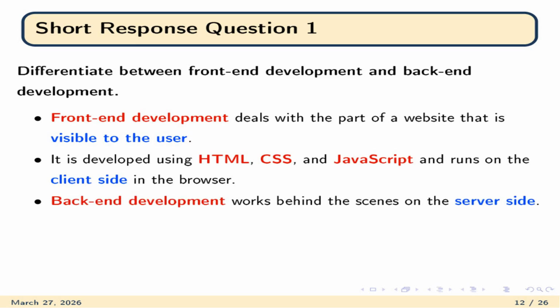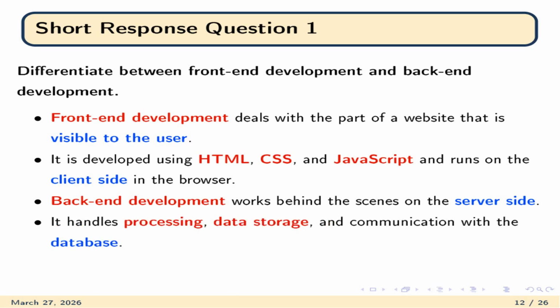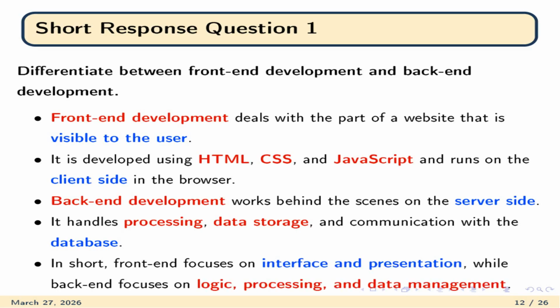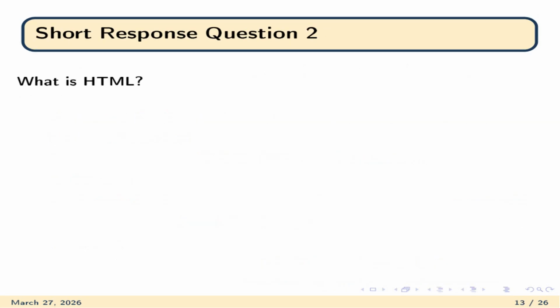Backend development works behind the scenes on the server side. It handles processing, data storage, and communication with the database. In short, front end focuses on interface and presentation, while backend focuses on logic, processing, and data management.